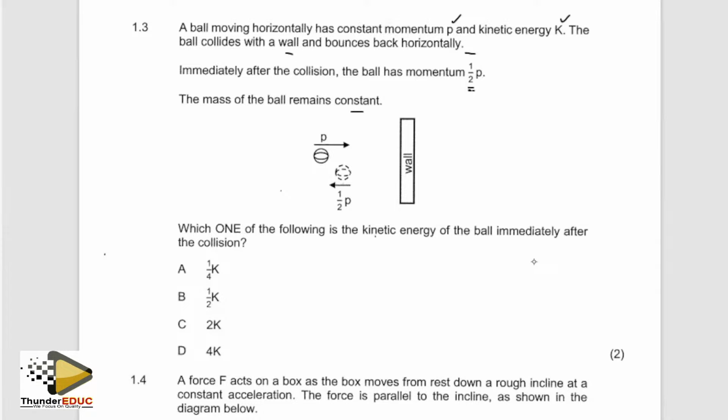Which of the following will represent the kinetic energy of the ball immediately after? One thing we know about momentum is that it is directly proportional to the velocity. The mass stays the same before and after the collision, so where there is V, I can represent it as a P.